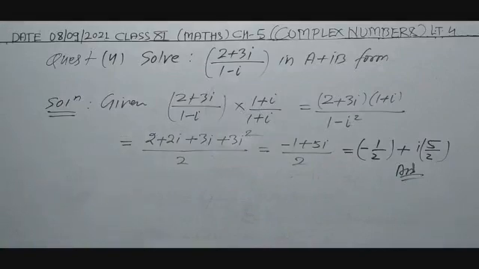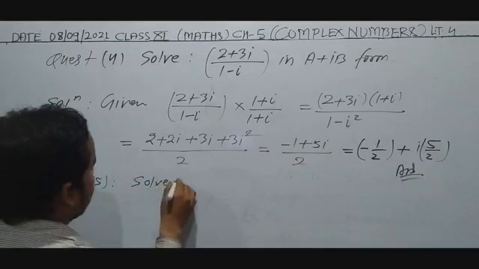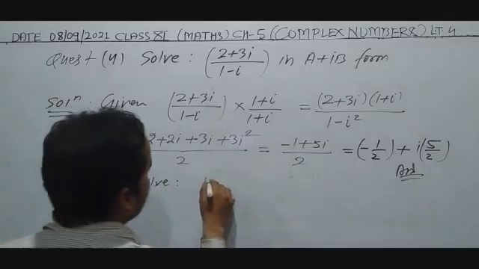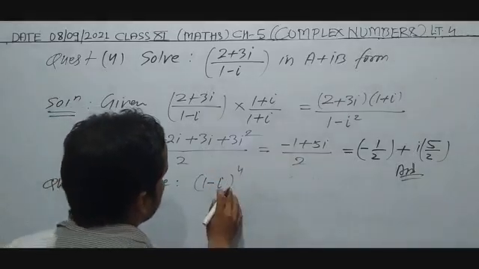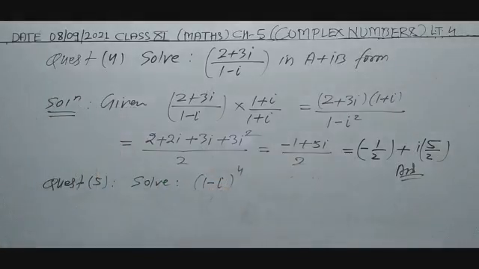Now come to question number 5. Question number 5 is, solve (1 minus i) to the power 4.